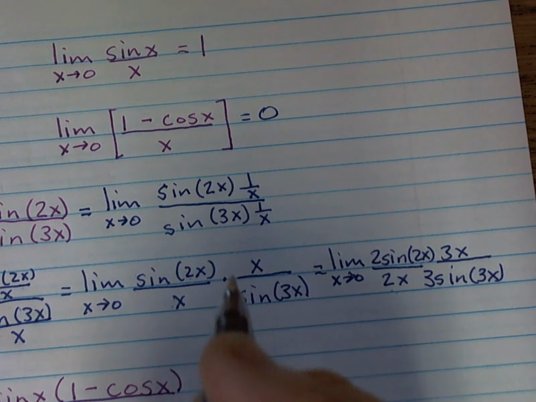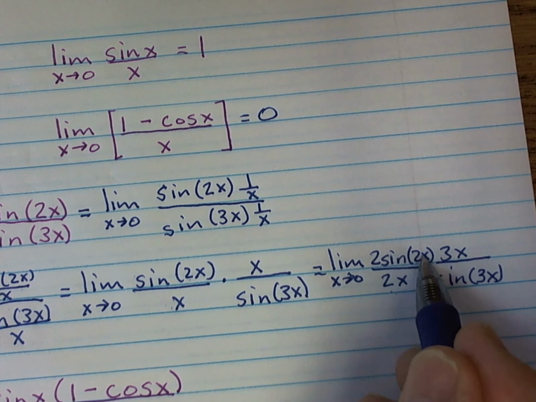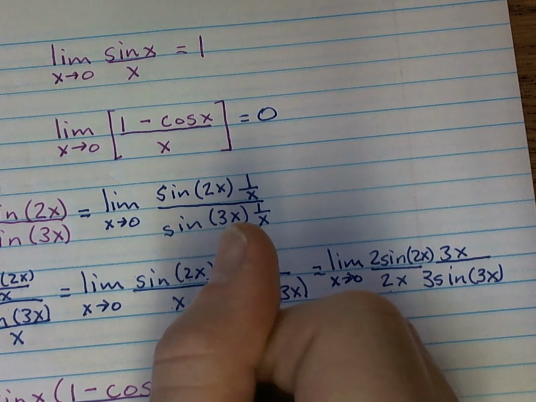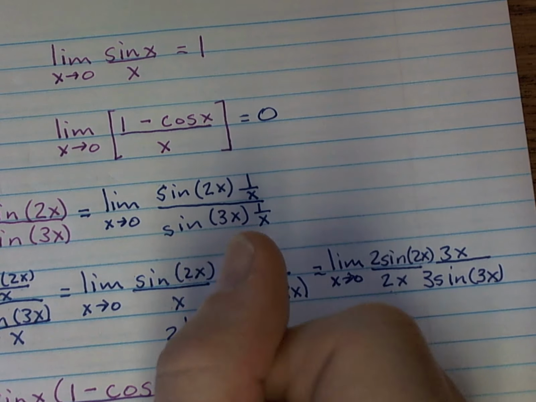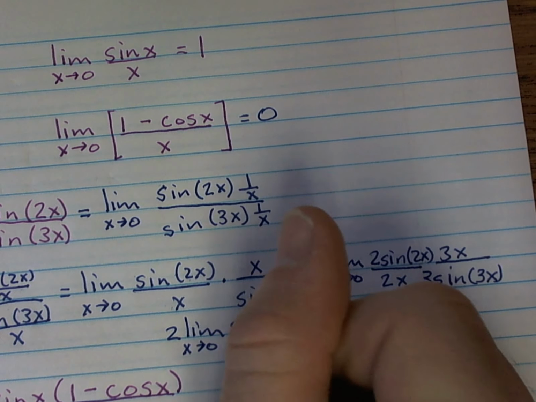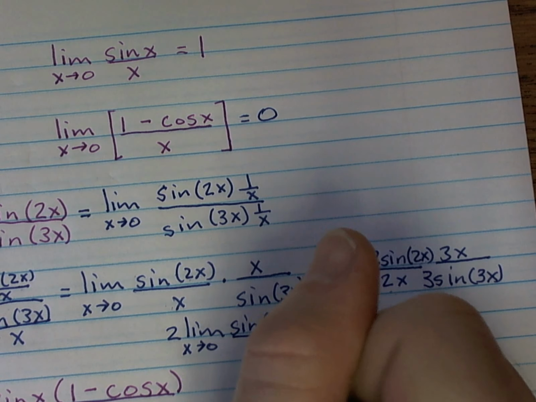So now let me rewrite this. I'm going to take this first part, 2 sine 2x over 2x, and factor out the 2. I've got the limit as x goes to 0 of sine 2x over 2x.